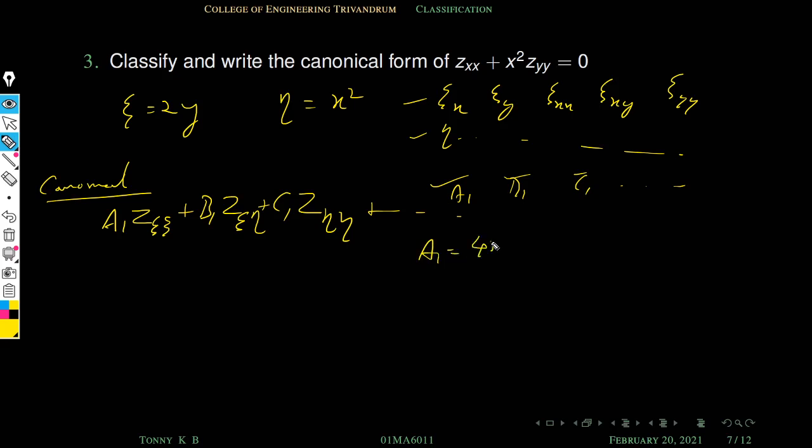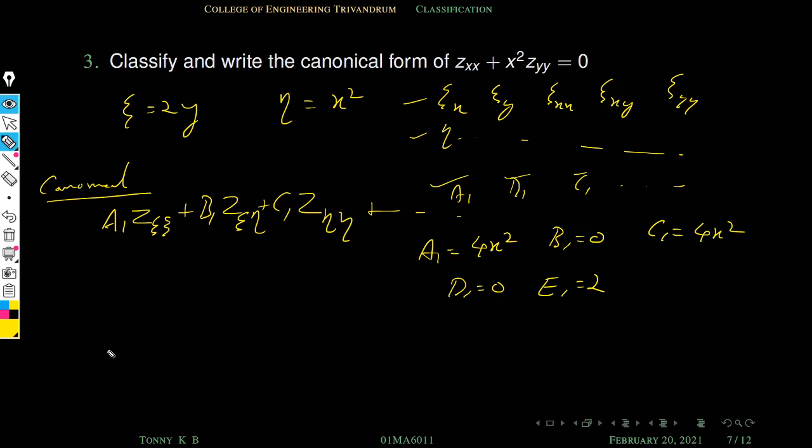a1 is equal to 4x square and b1 equal to 0, c1 equal to 4x square, and what about d1? D1 is 0 and e1 is equal to 2. These are the values. Then you plug in these values in the standard canonical form, and we get the canonical form.